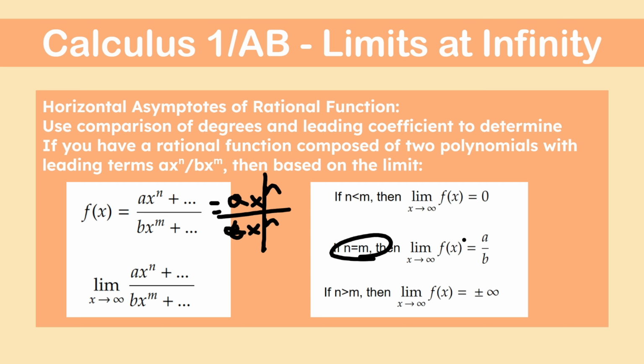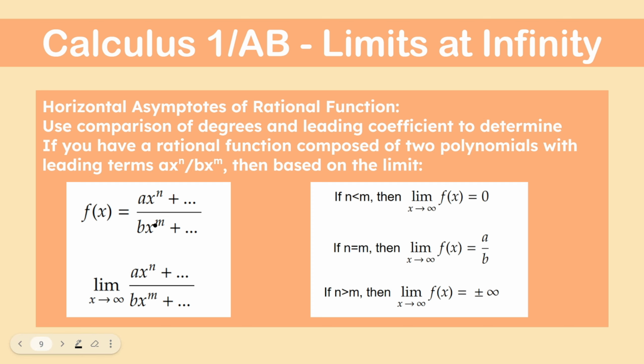These can cancel out, and you have the ratio a over b. And lastly, if n is greater than m, then the limit is either positive or negative infinity based on what sign the leading coefficients are. The reason why this is because you have a bigger number over a tiny number, which means you're still left with a big number.